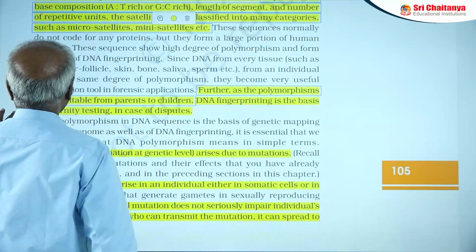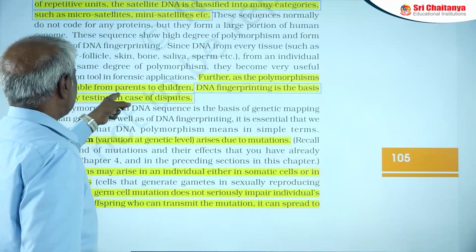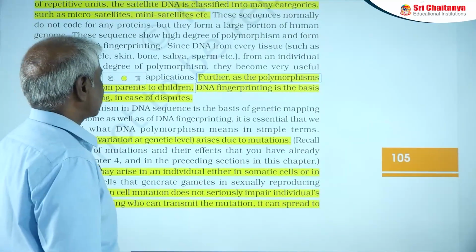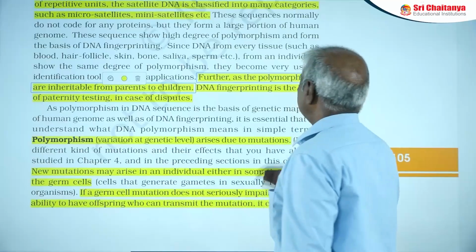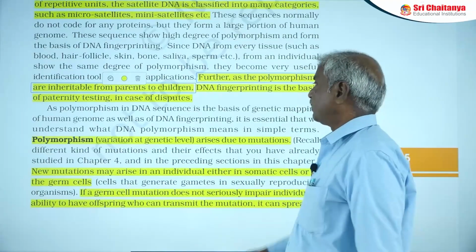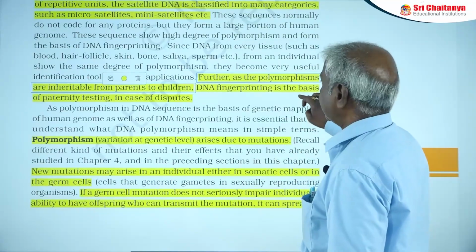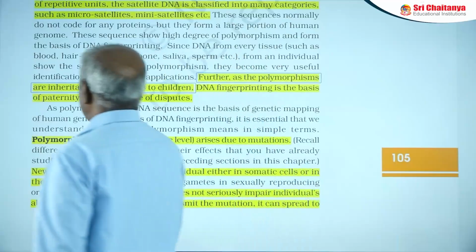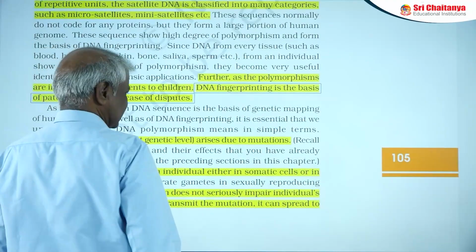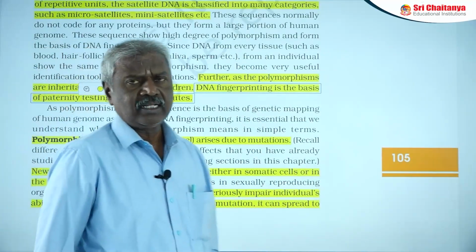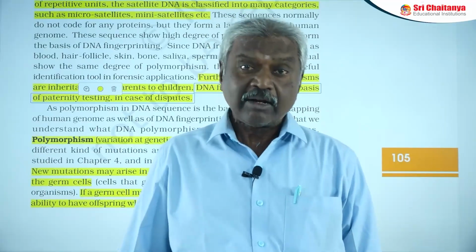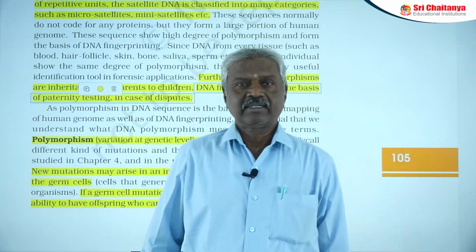At the same time, these are showing inheritance from parents to the children, and those are polymorphs. That is DNA polymorphism you can see here, and fingerprinting is the basis of paternity testing. Some medico-legal cases are present here. In that condition, who is the actual biological father of the child?